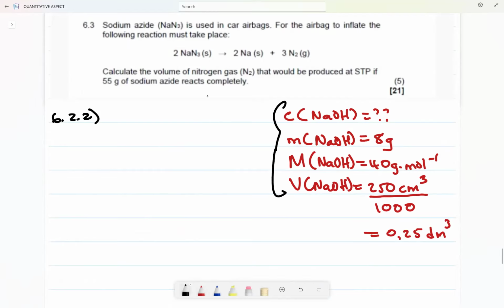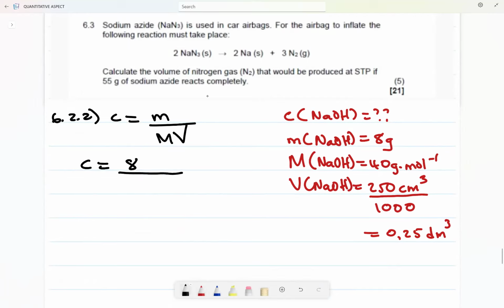Then I can say, okay, let me see. Do I have a formula that looks like this? That's C, m, molar mass and what? Yes. Remember, I have C is equal to mass divided by molar mass multiplied by volume. Can I calculate concentration? Yes, and easily so. Mass 8, molar mass 40, volume 0.25.